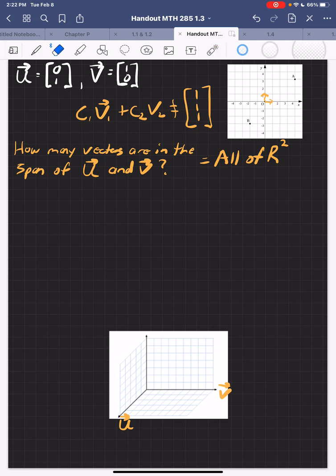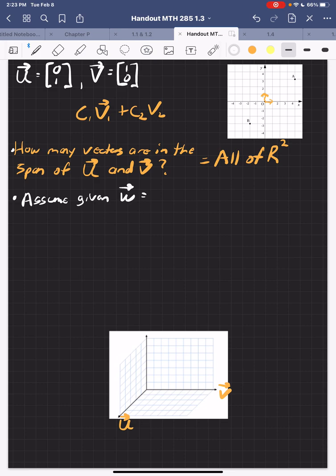Okay, now sticking with this idea, using these 2 vectors, let me pose the question. At this point, I'm not going to write the questions, so I'll pose them. You may have to pause it and write the questions yourself. Let's assume that I gave you a third vector, w, equal to 4, 5.